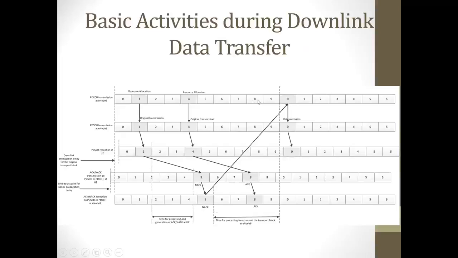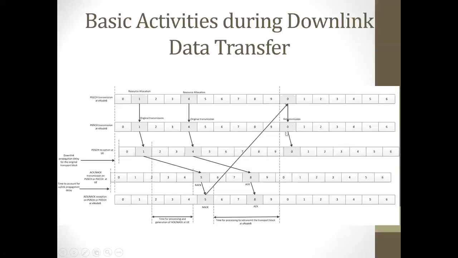It goes to the next radio frame, and there is a 5 subframe gap now. But the retransmission could also occur here on number 9 with a 4 subframe gap, but not earlier. The gap has to be at least 4, but it can be any gap larger than 4.